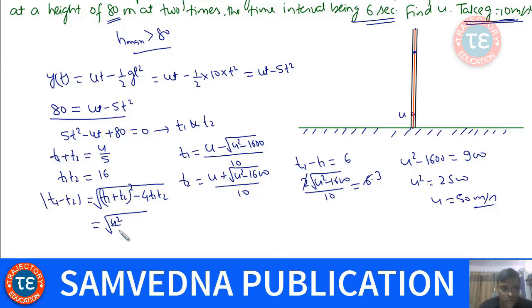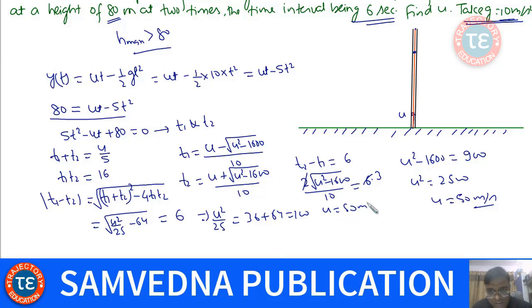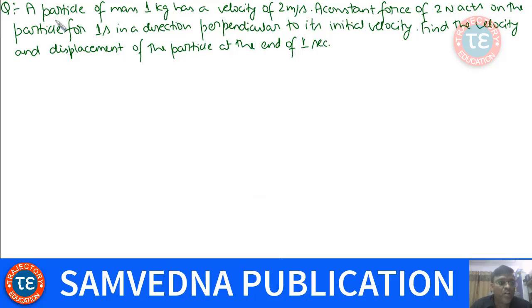So that would give you under root u square by 25 minus 4 into 16, which is 64, equals 6. So square both sides, so u square by 25 will be 36 plus 64, which is 100. So u will be 50 meter per second. You can do it that way also. So mathematics, it depends on your aptitude, how you do it.